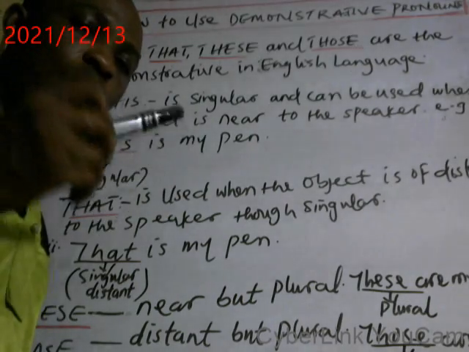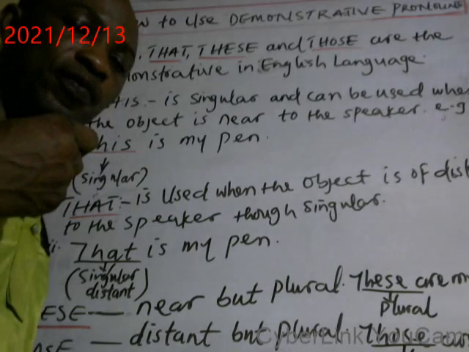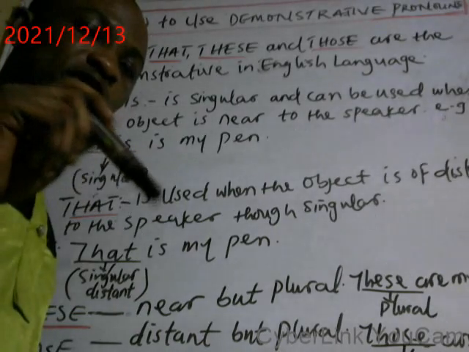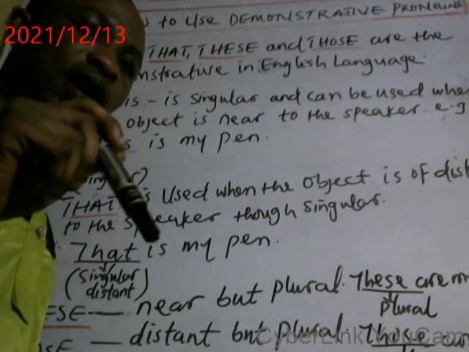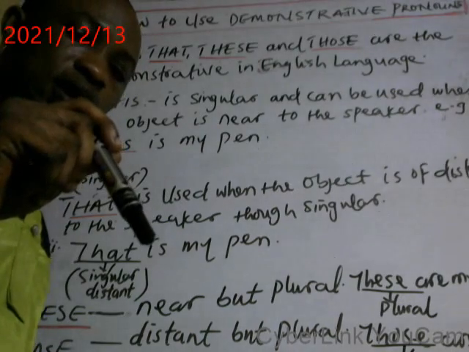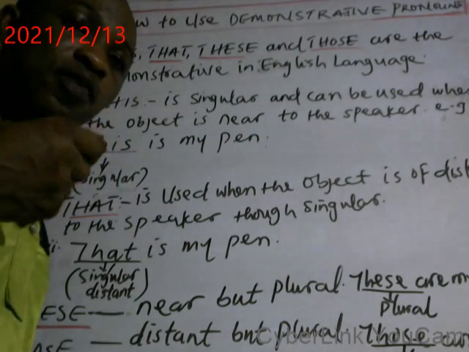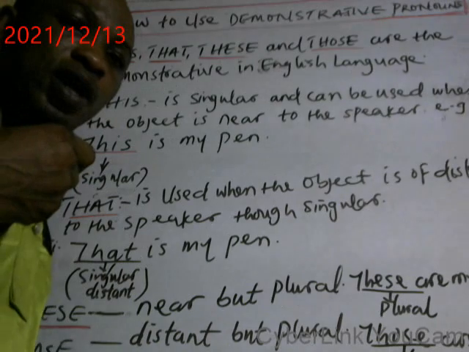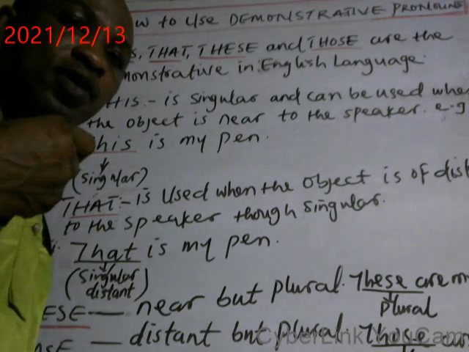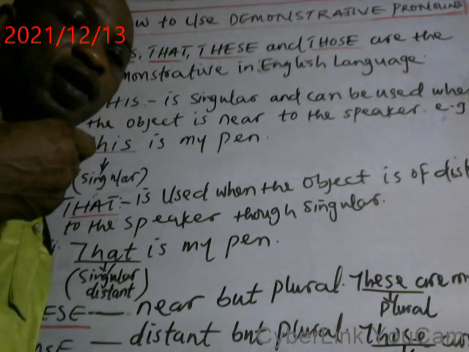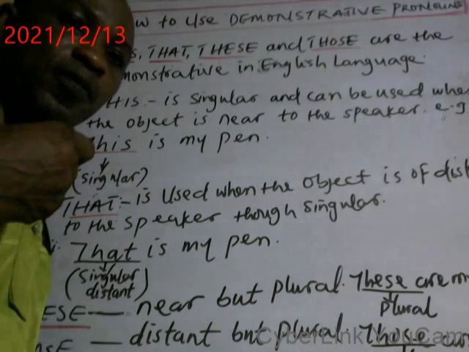I have one marker with me. Now, this marker, as a matter of fact, is very much handy. I can have it at the tip of my finger, it's very close to me.